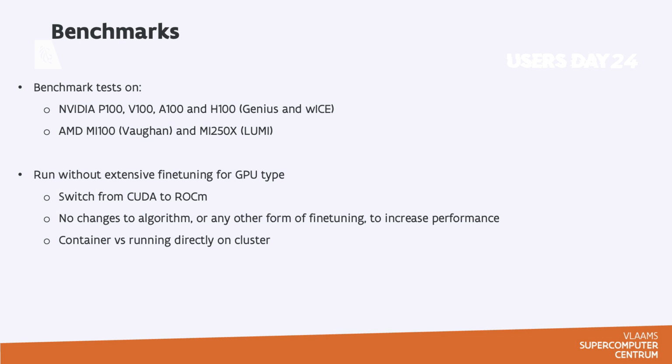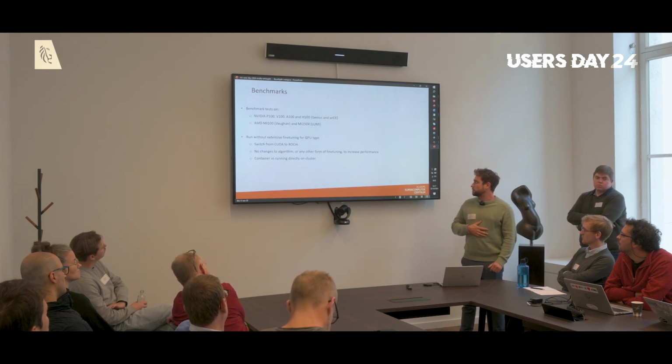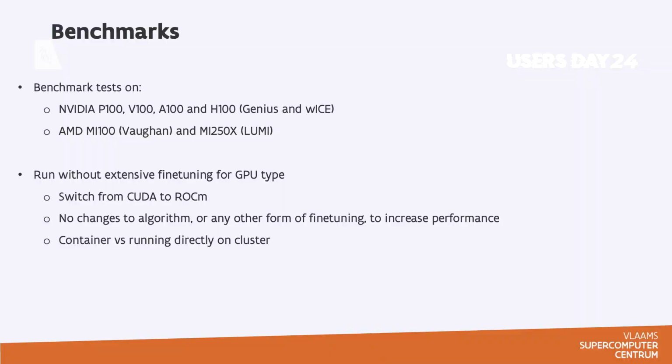So I have to say, all the benchmarks we did without any specific fine-tuning for the GPU type, meaning that if we started from NVIDIA runs, we switched to ROCm, of course, but no other changes to the algorithm itself or any top layer or even lower layer changes to increase the performance on, in this case, AMD GPUs. I also have to say that we did runs both in containers and with system installed software. Sometimes we had to compare both, especially on AMD. We sometimes had to run in a container while we did runs directly on the cluster for NVIDIA.